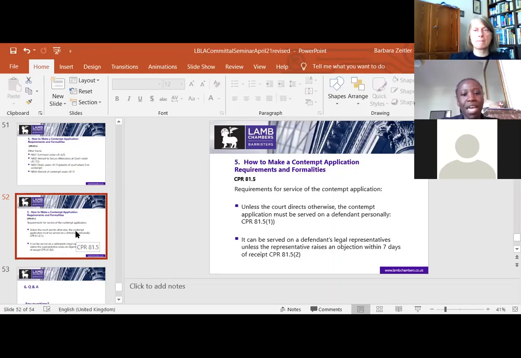If there is any suspicion, at any time while the injunction is enforced, that the defendant has lost capacity, or something has given the claimant reason to think that the defendant is no longer able to knowingly comply, then that should be brought to the court's attention. It shouldn't be a question of waiting for a contempt application to be made for the court to be made aware of that. And I think that's also an ongoing Equality Act duty in that regard. So I thought that was a very important point that Barbara touched upon, that I just wanted to go back and underscore.